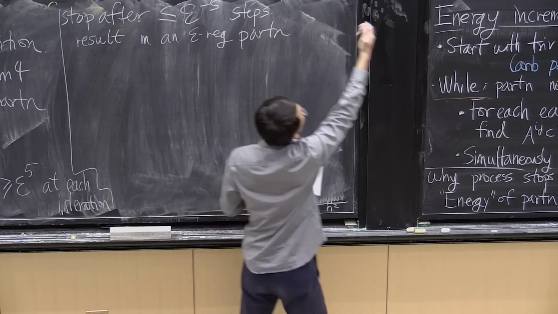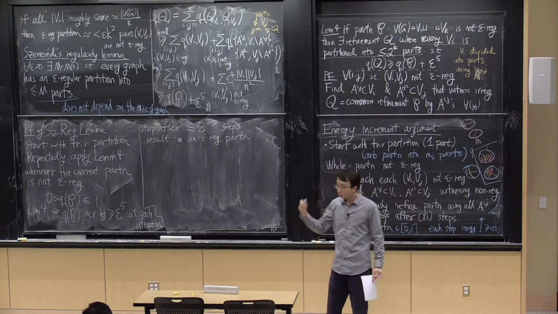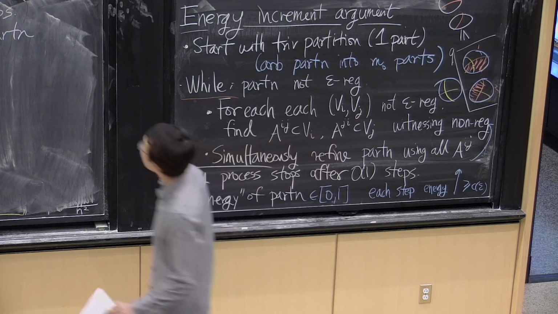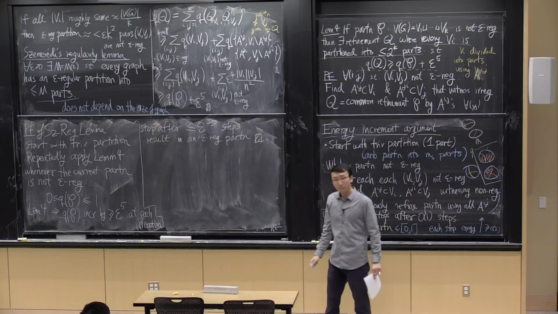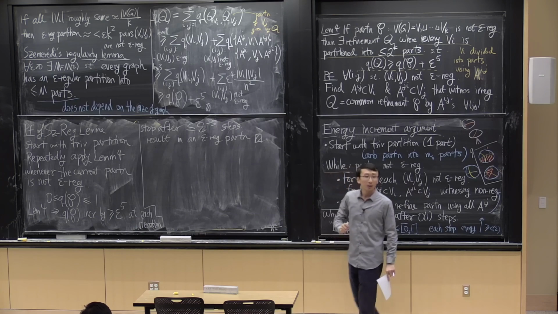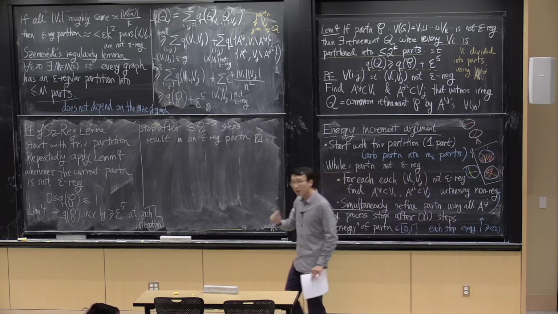Right? Because otherwise you're going to continue applying the lemma and push it even further. And that's it. So that proves Szemerédi's graph regularity lemma. Question? This gives you like some really big value. Okay, let's talk about bounds. Right? So let's talk about how many parts.